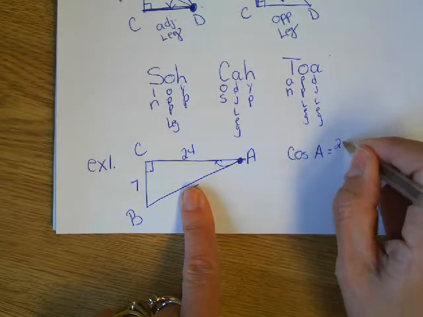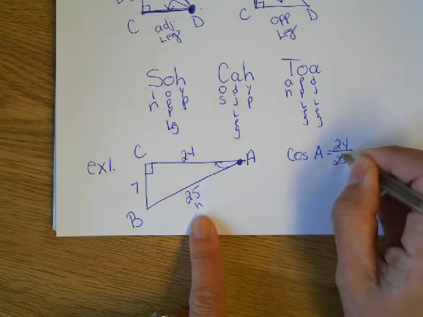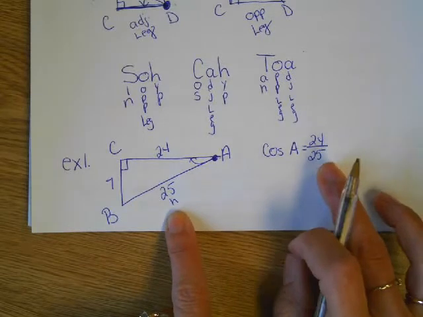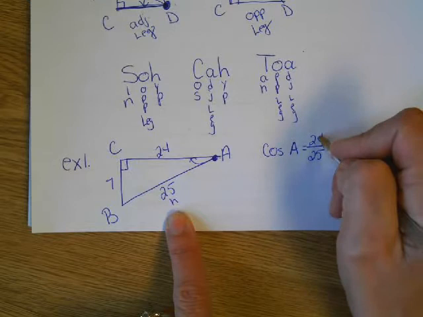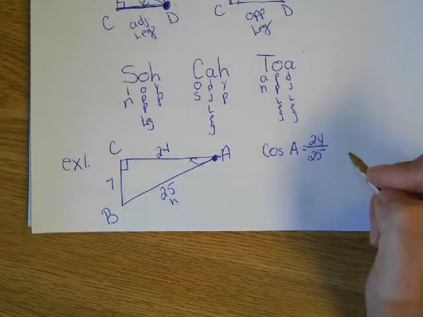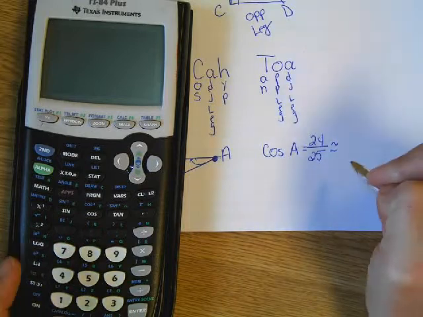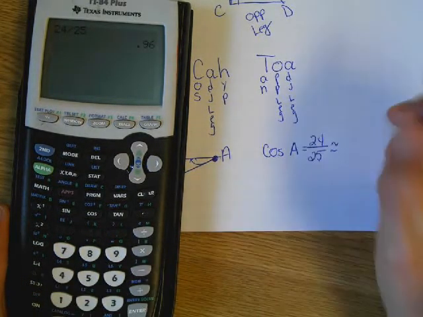So cosine will be 24 over the hypotenuse 25. We can leave it like that. The book might ask you to write the ratio as a decimal, and that just means you take 24 divided by 25 and give a decimal for it. So 24 divided by 25 is 0.96.